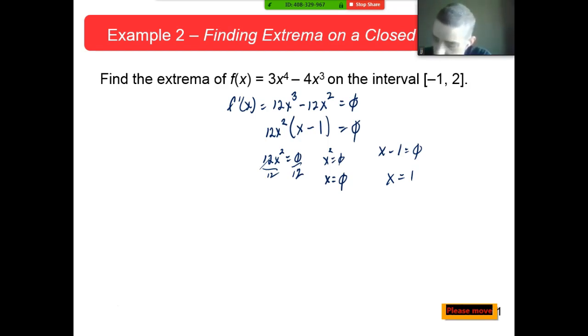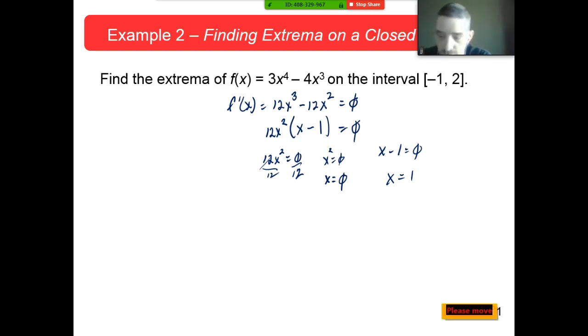The other one would be if there was a log, natural log or any other log in here. The quantity inside the log cannot be 0 and it can't be negative. We don't have any of those cases. We have a polynomial function that's defined everywhere. So these are our only two potential critical numbers.